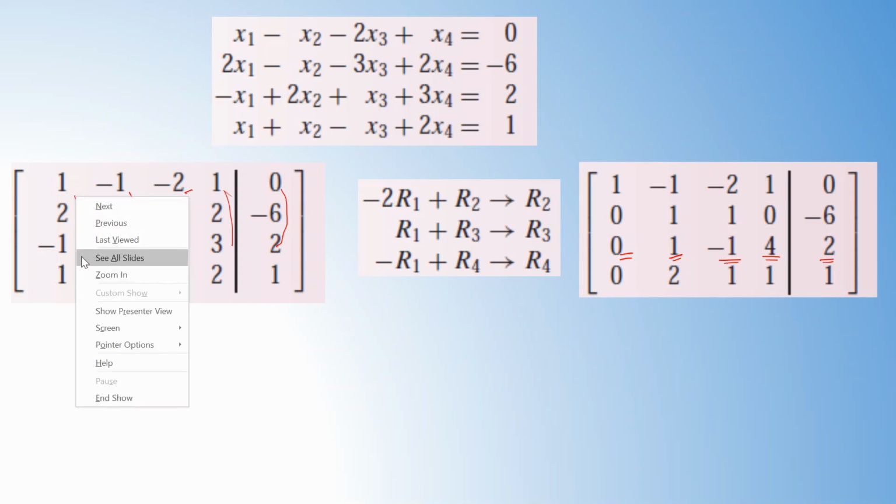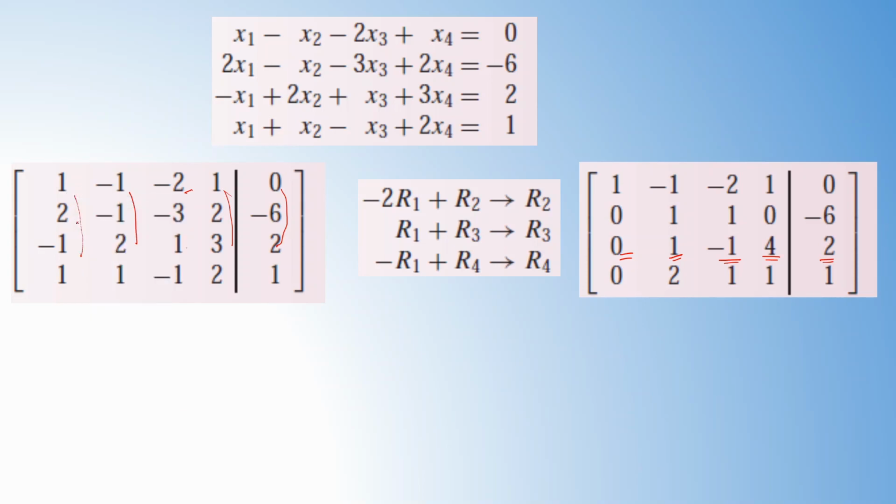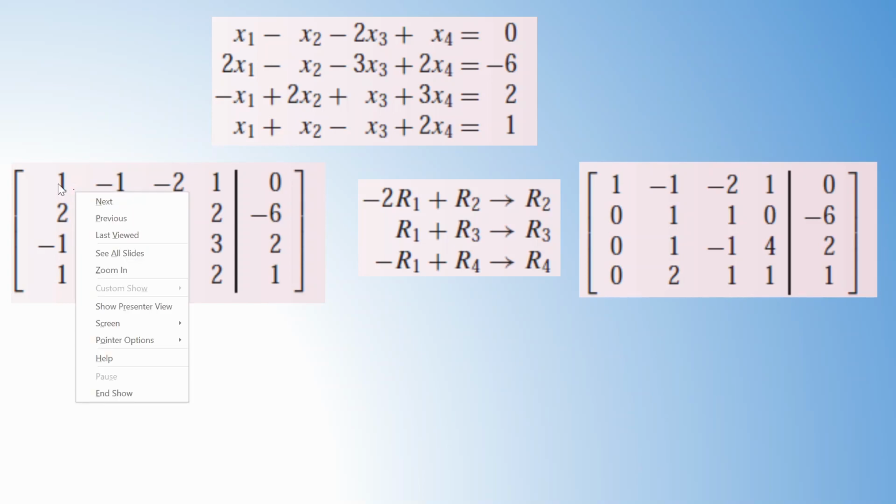And the fourth row, you multiply the first row by minus 1 and add it to the fourth row. So minus 1 plus 1 is 0. Minus 1 into minus 1 is plus 1. 1 plus 1 is 2.